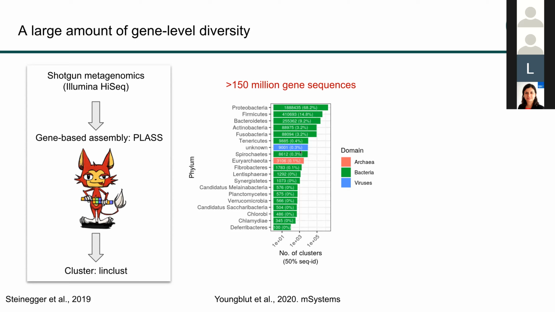But we did also obtain some genes from viruses and archaea. And this is only showing the top taxa, but actually over 80 different phyla were represented. This could mean that taxonomic classification was not perfect, and some of those could have been errors, or it could hint at a lot of unknown diversity in the gut microbiome.